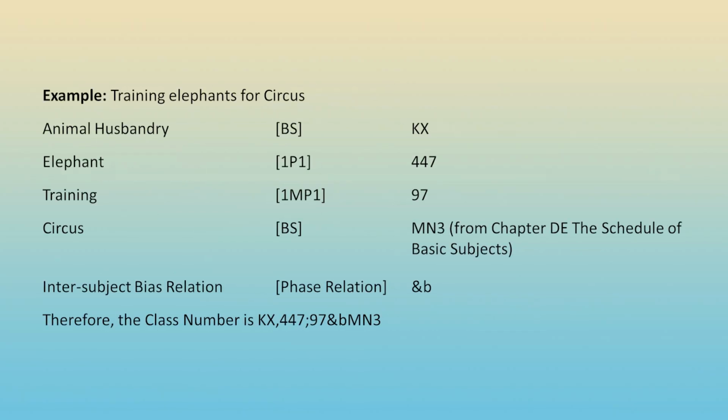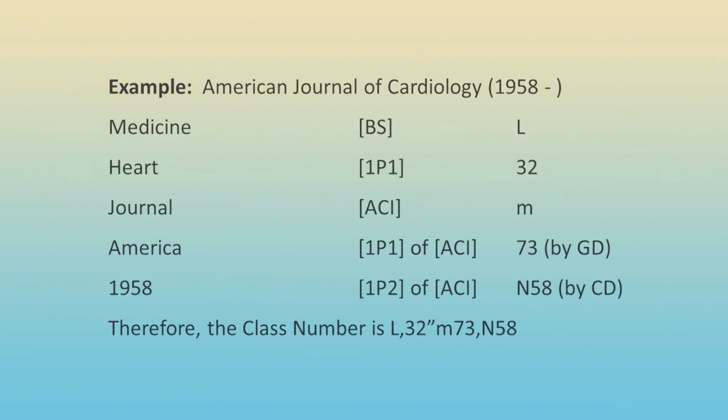Here we also present one example for phase relation, that is training elephants for circus, and one example for using anteriorizing common isolates and the level 1 and 2 personality facet of anteriorizing common isolates. Students are advised to follow these examples with the scheme of colon classification 7th edition.